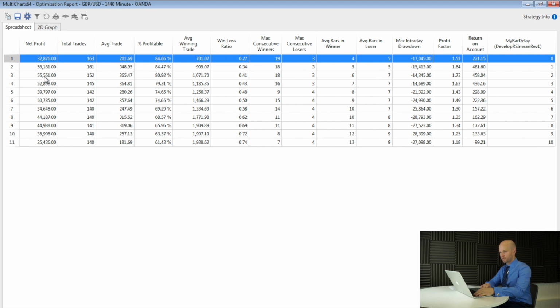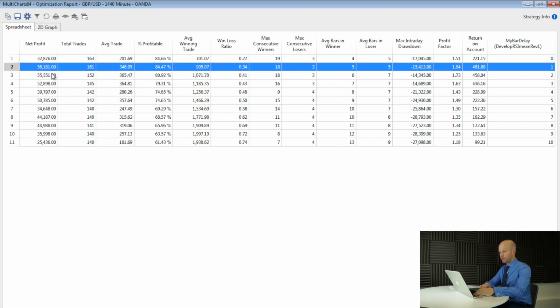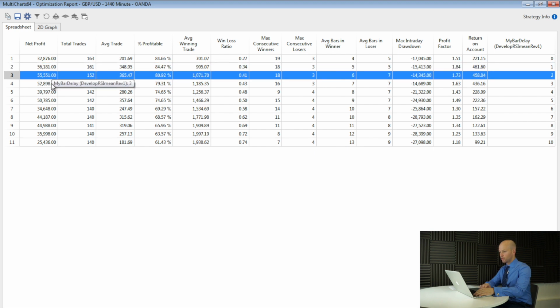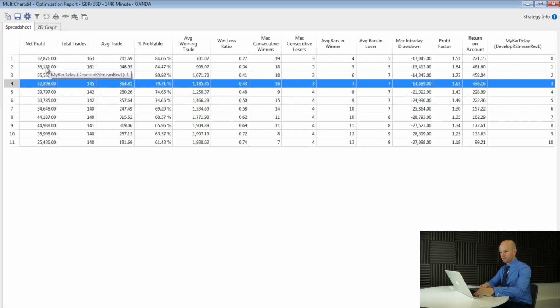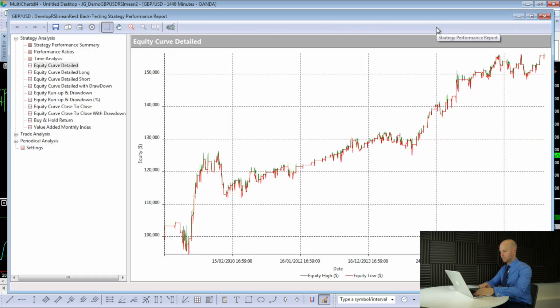Looking at the net profit, we can see that the best numbers are probably around 1, 2, 3. They're all in the $50-odd thousand net profit, and I think I'm going to use 2 just because it's slightly more central. There's not a lot in it between 1 and 2, but I'm going to use 2 in this study. And let's have a look at the equity curve.